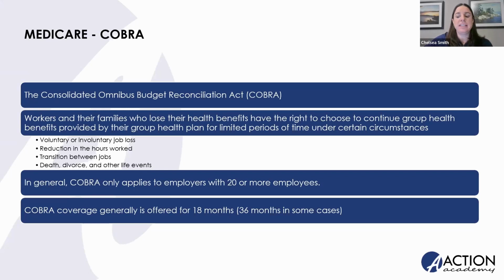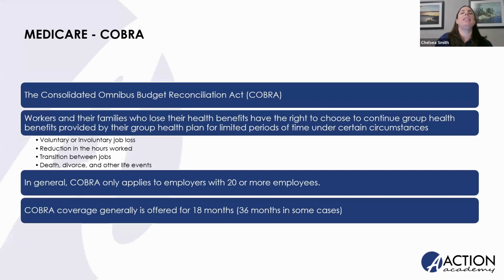Spouses and dependents can stay covered for up to 3 years if they lose eligibility for coverage due to death of the covered employee, if an adult child turns 26 and ages out of the parent's plan, due to a divorce or legal separation from the covered spouse, or if the covered employee becomes eligible for Medicare.